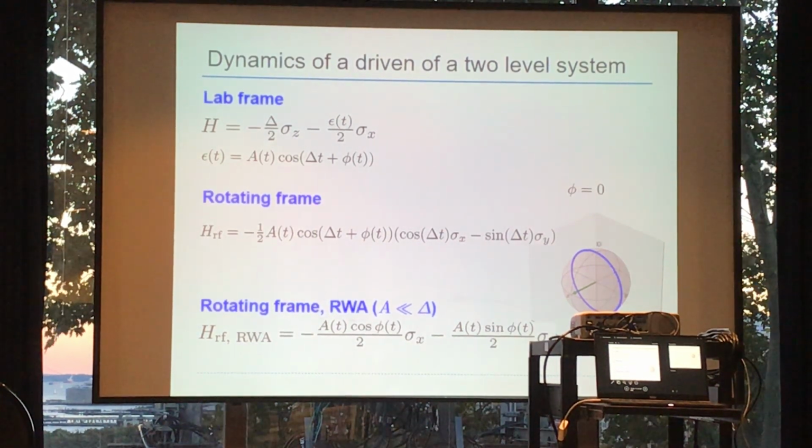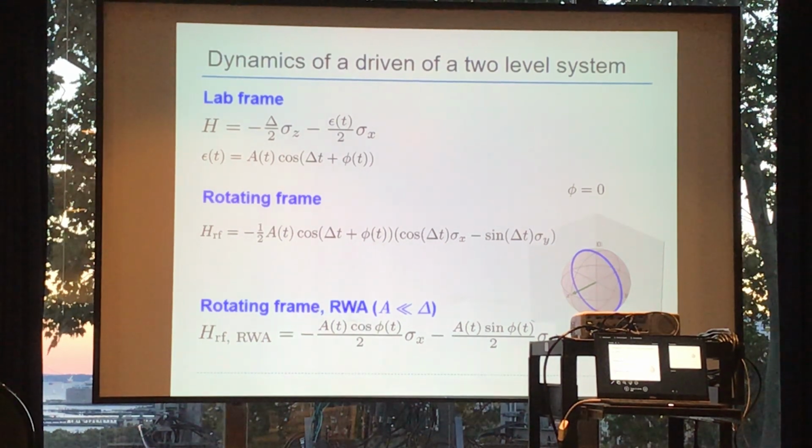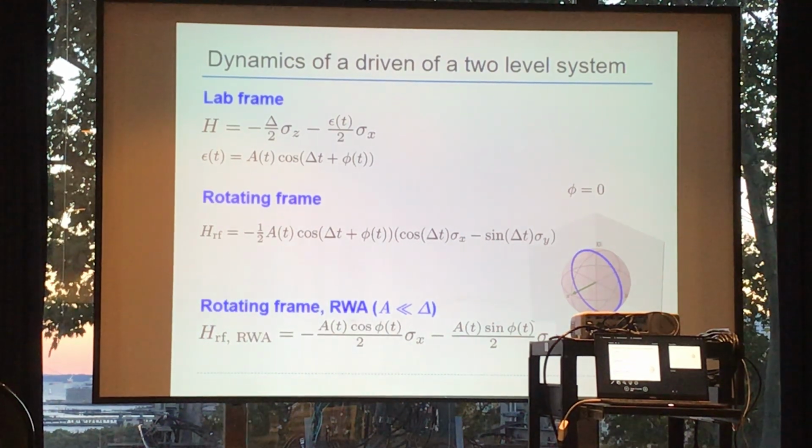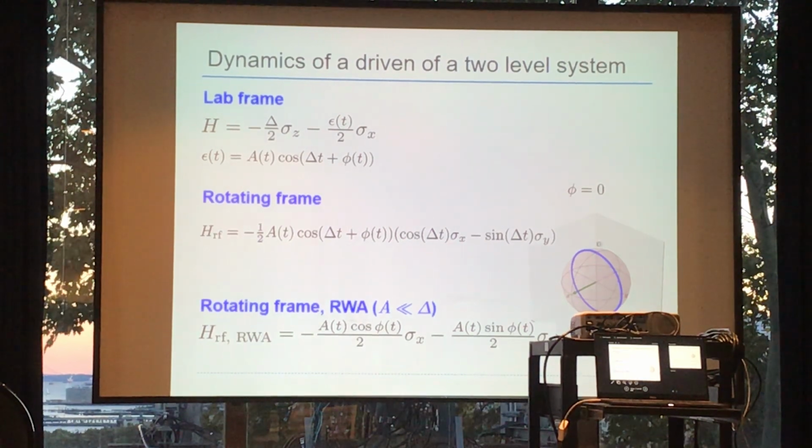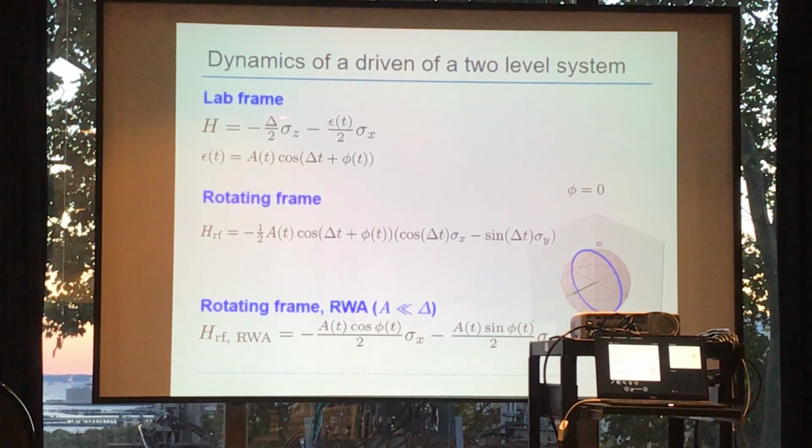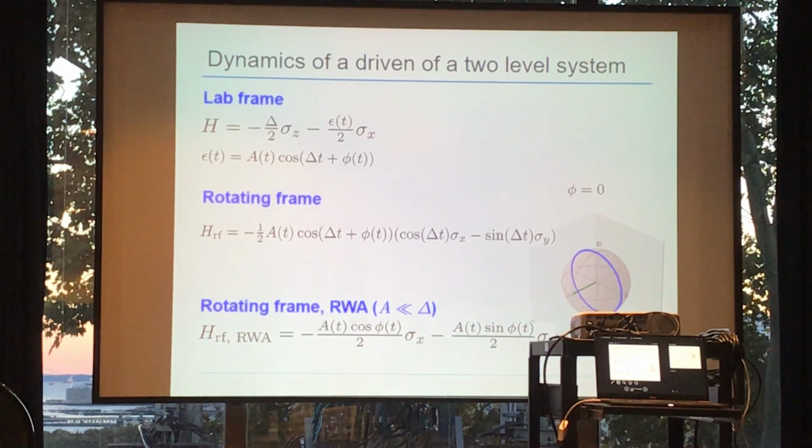And it's simple to understand the dynamics in the rotating frame, where this Hamiltonian can be written in the following form. The rotating frame is a frame in which you are undoing the evolution of the qubit due to this Z field. If you think of just the Z field, the qubit will simply precess around that Z field. So if you go to a frame where this evolution is removed, the Hamiltonian has this expression over here.